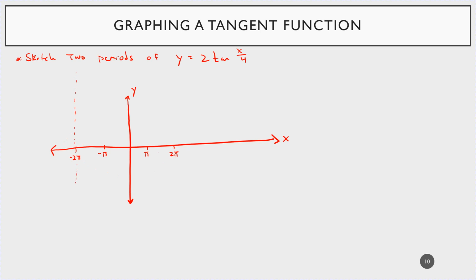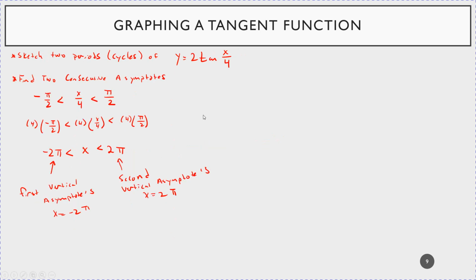I'm going to draw these vertical asymptotes. Now look, I'm going to want 2 periods. So the distance from negative 2 pi to 2 pi is 4 pi. If you wanted to find the period here, it's just pi divided by b, and my b here is 1/4.